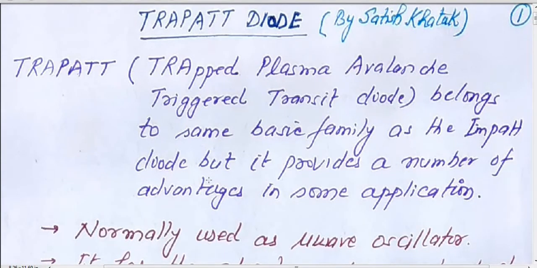The TRAPATT diode is based around the initial concept of the IMPATT, but it has been enhanced by increasing the doping level between the junction and the anode. Typically, the construction of the device consists of P plus, N, N plus.